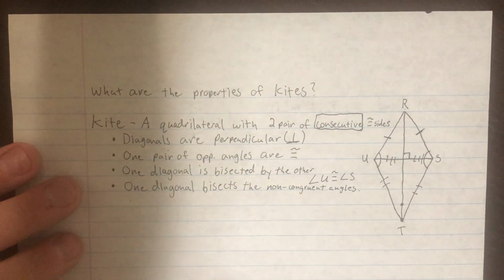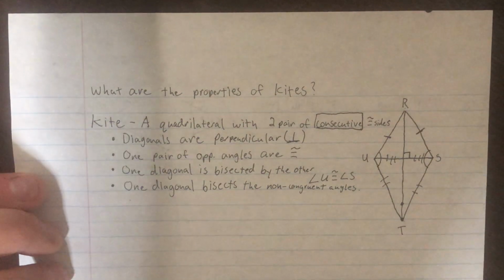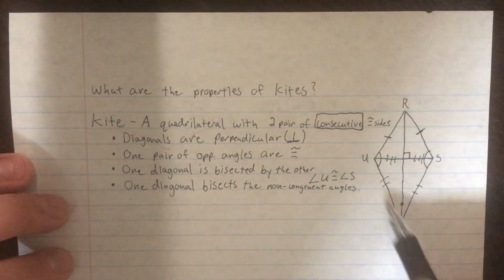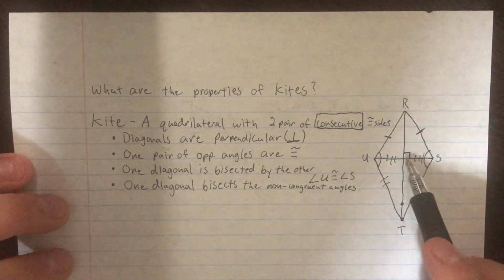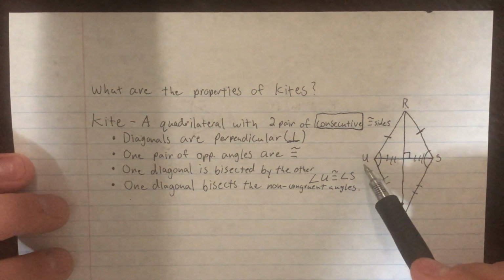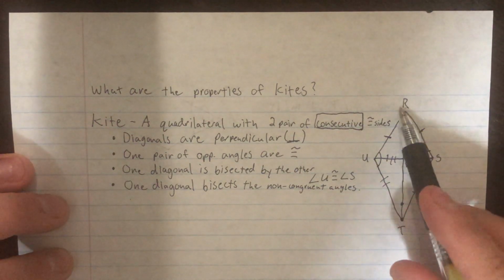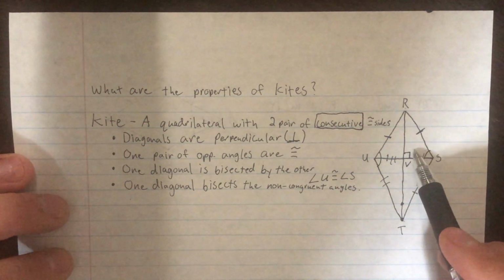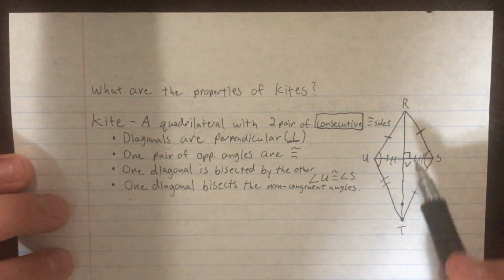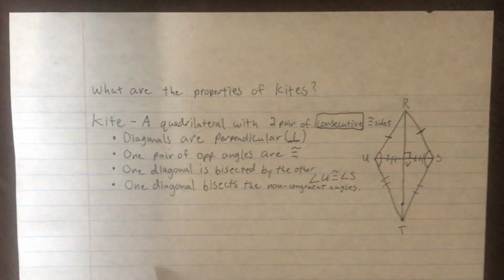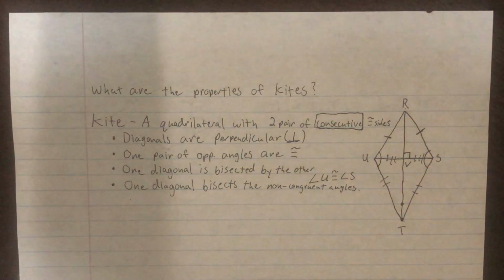And again, that's pretty obvious when you start looking at the pictures and start seeing these problems, because this right triangle is congruent to this right triangle, and triangle RVU, we'll call this V in the middle, would be congruent to RVS. So these two triangles are congruent, and these two triangles are also congruent. And that is the properties of the kite.